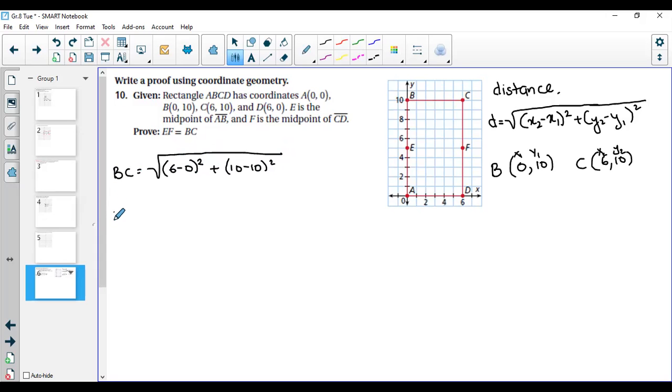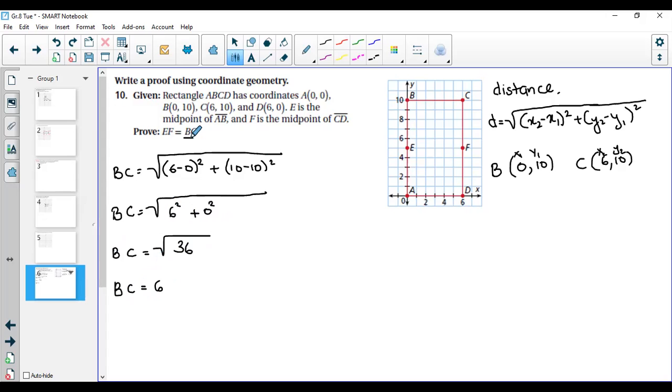So BC is the whole root of 6 minus 0, which is 6 square, plus 10 minus 10, which is 0 square. You know that doesn't give you anything. So 6 square is 36, and 0 square is 0, so 36 plus 0 is 36. I'm just reducing the number of steps. So the square root of 36 is going to be 6. So the distance between B and C is 6 units.